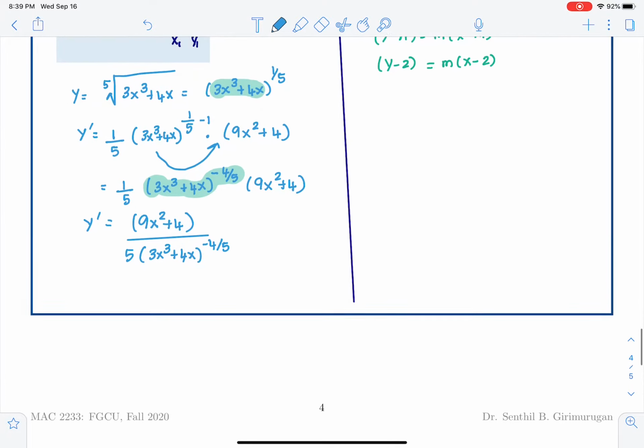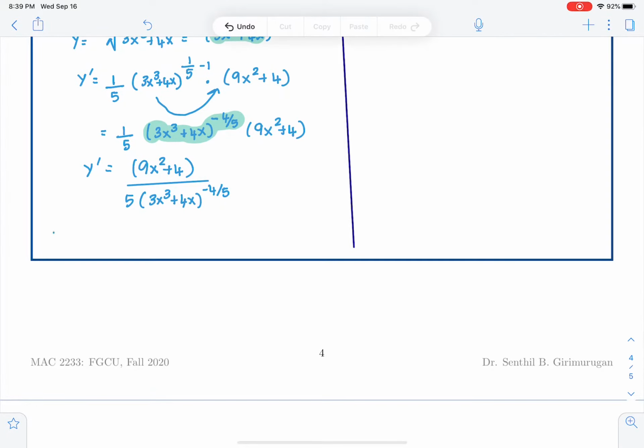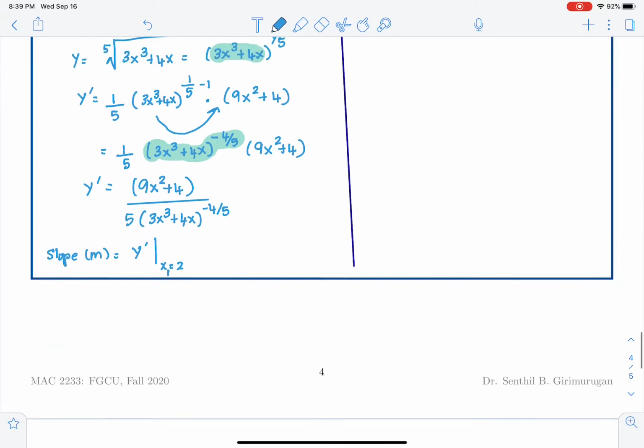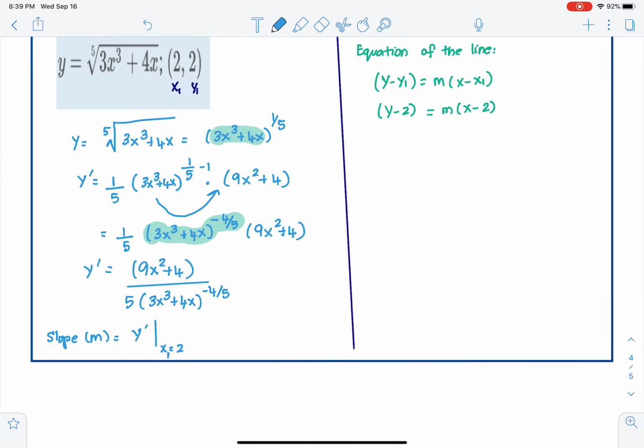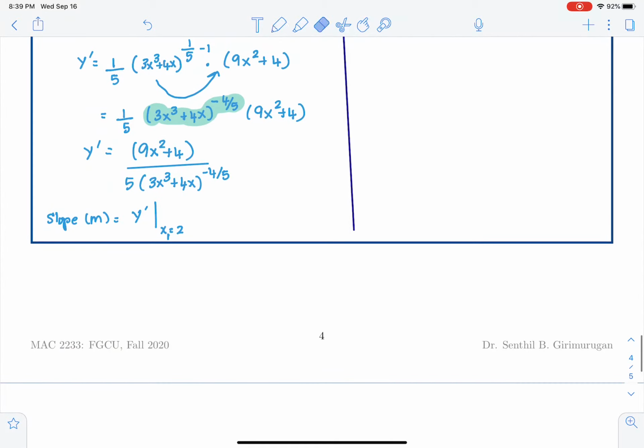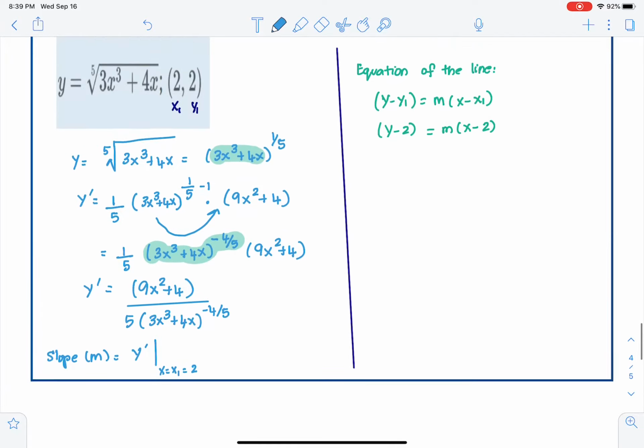What is the slope? The slope simply is y prime evaluated at x is equal to 2, or in this case x1. So we're just going to plug in, should probably write it as x is equal to x1, which is 2.